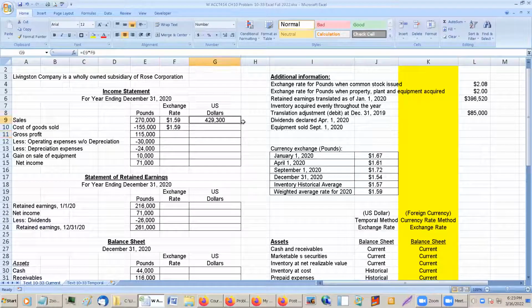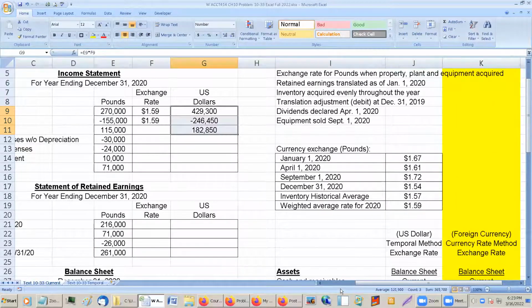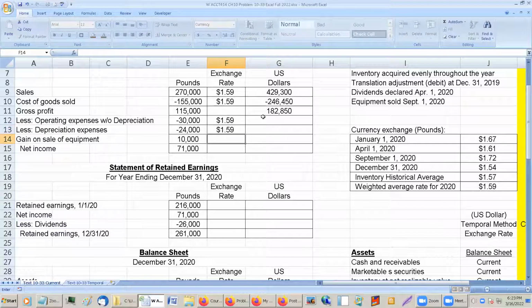And that'll be the same for that one. Operating expenses without depreciation will be the same. And depreciation will be the same for this method.